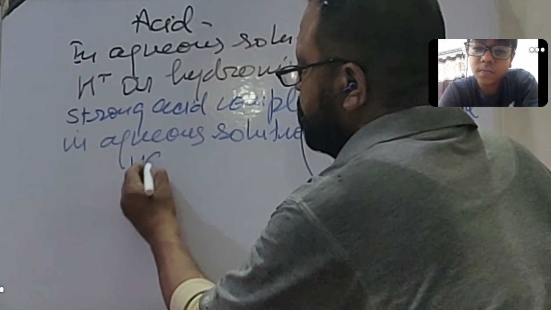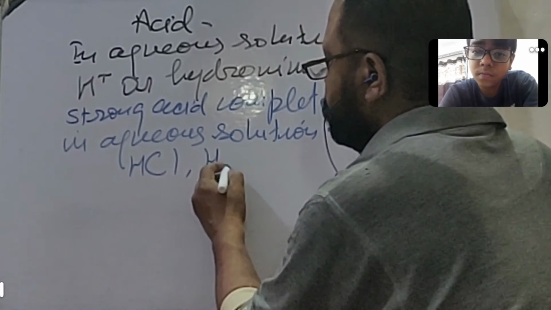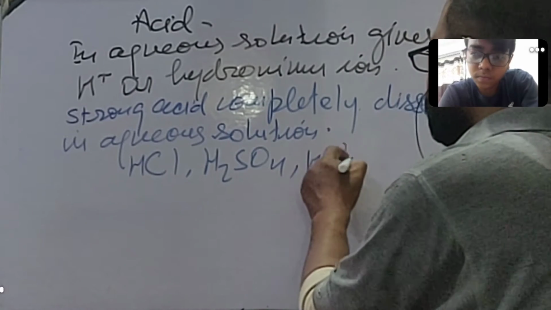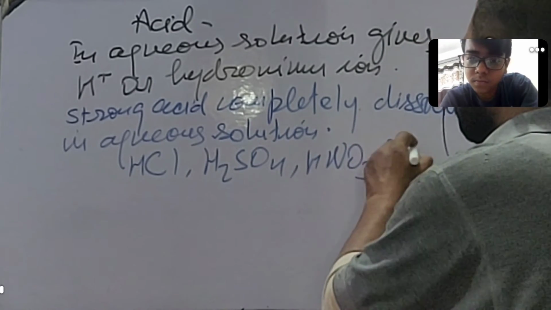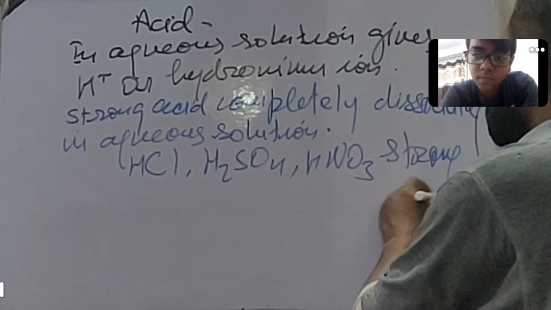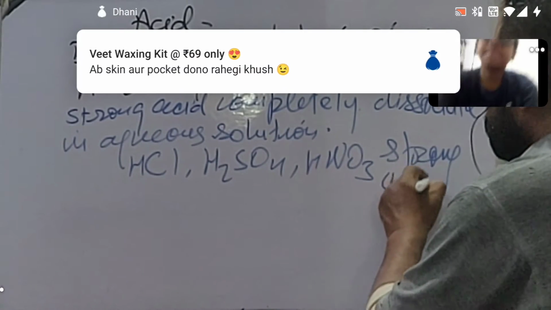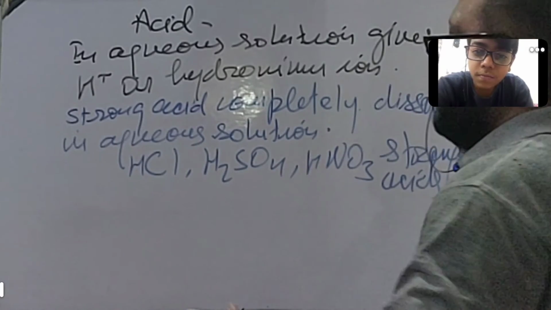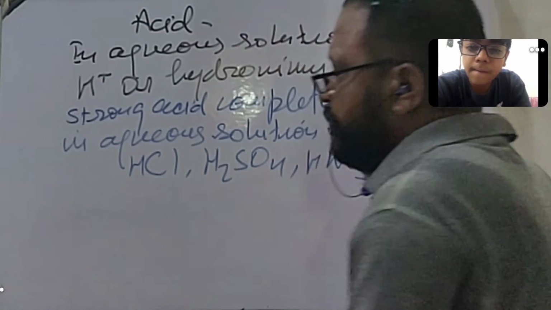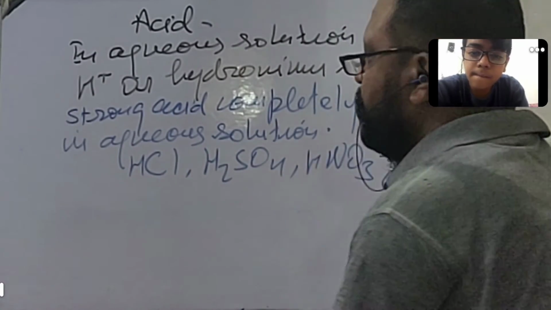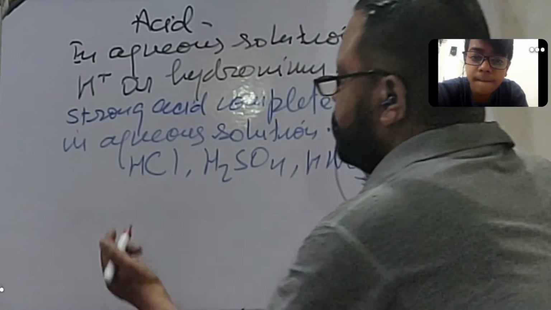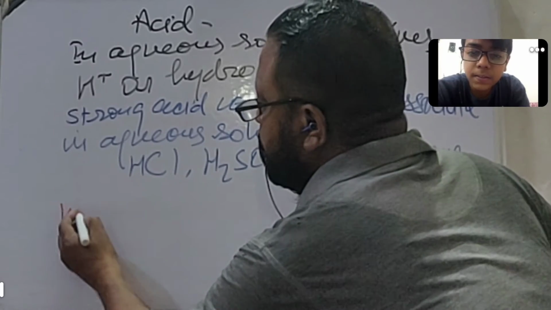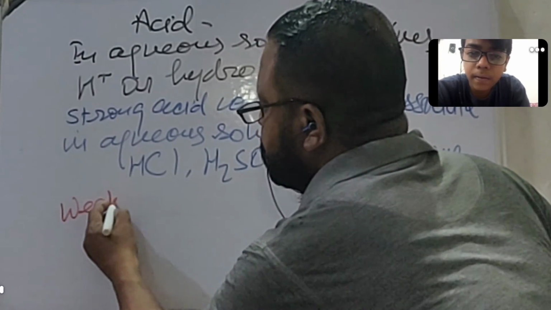HCl, H2SO4, HNO3, right? They are strong acids. And what do we call weak acids?